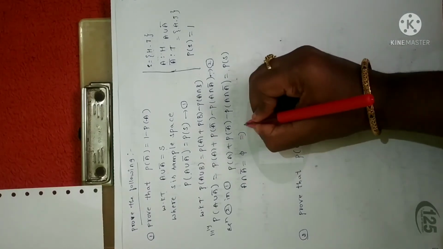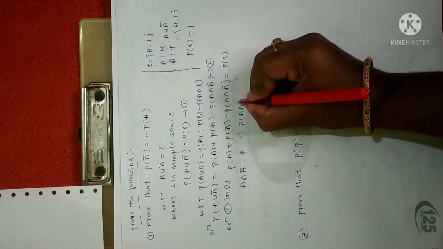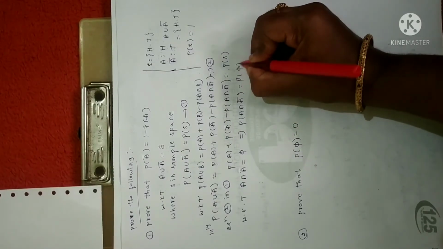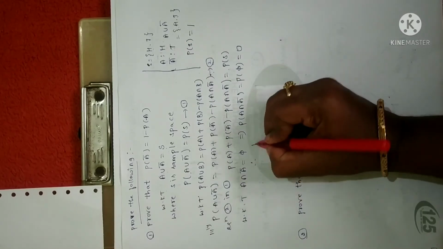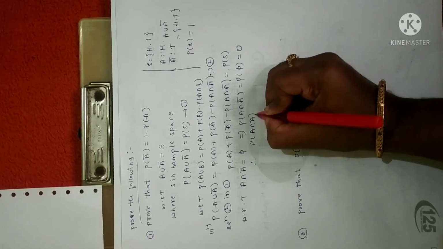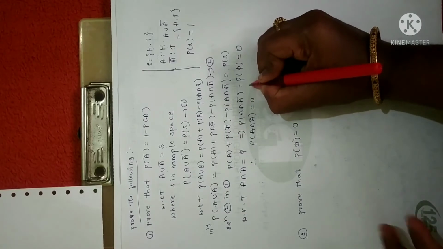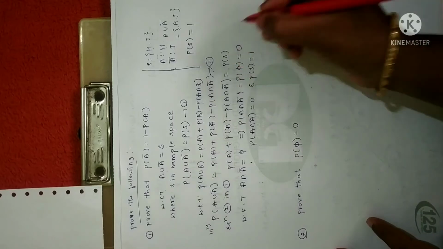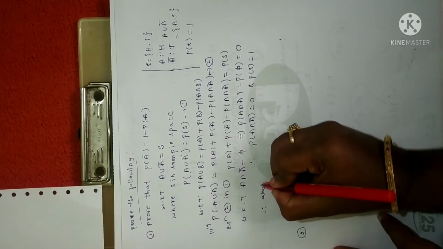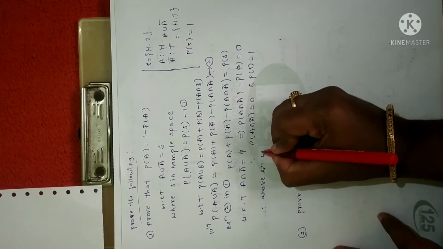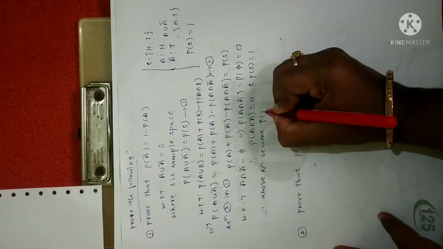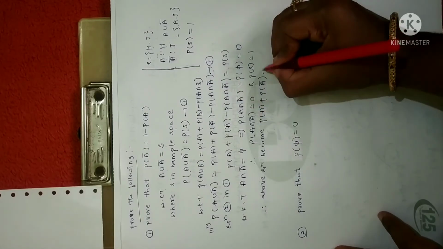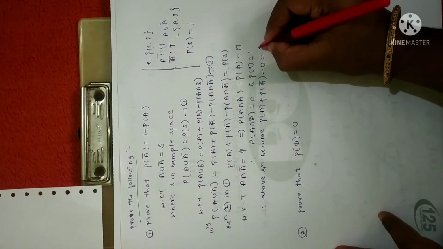Remember, if you take probability on both sides, we know the probability of the null set is 0. Therefore, probability of A intersection A bar is 0. We also know that probability of S is 1. So substituting this in the above equation, probability of A plus probability of A bar minus 0 is equal to probability of S, which is 1.